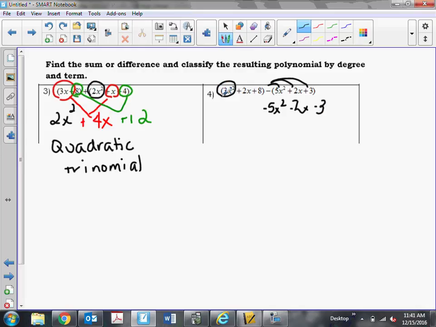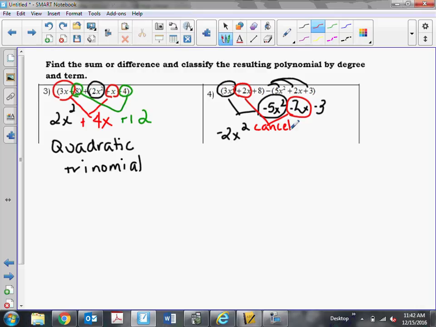Now we can combine our like terms. This 3x squared and this now negative 5x squared combine to being a negative 2x squared. This 2x combines with this negative 2x, but a positive 2x and a negative 2x end up canceling out. So that means that I don't write it in my answer.